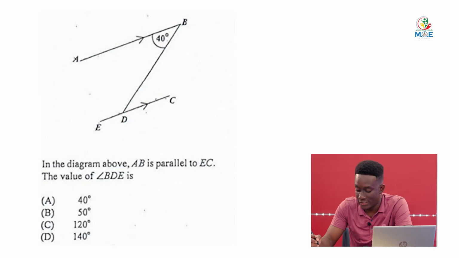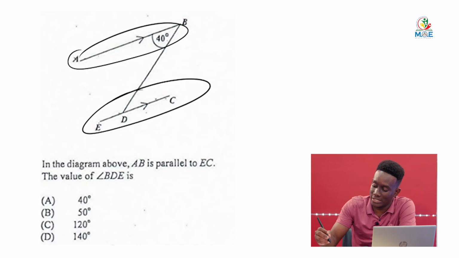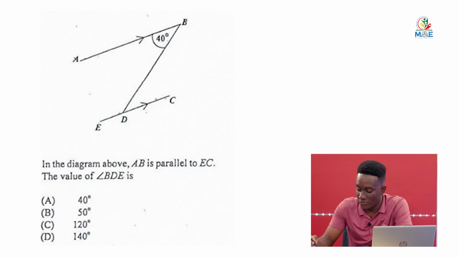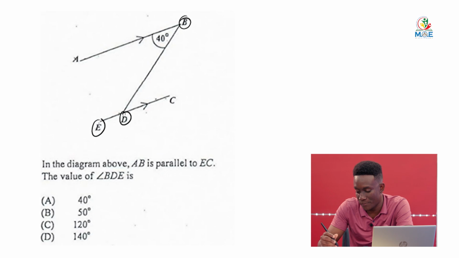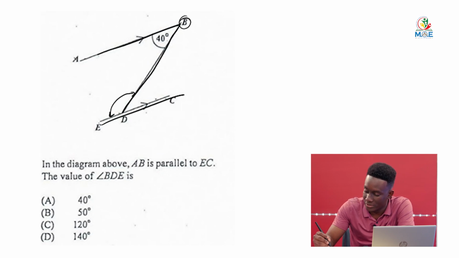This question says, in the diagram above, AB is parallel to EC. So these two lines are parallel, and this is also indicated by these two symbols. So the value of BDE, BDE would be this angle here. So they want the value of that angle. Since these two lines are parallel, we see a Z being formed here.